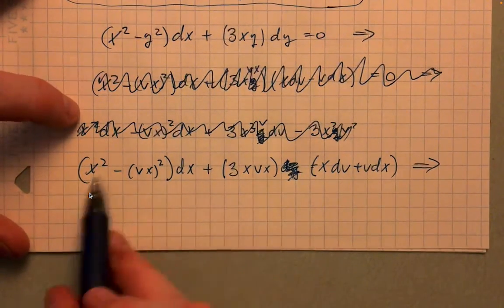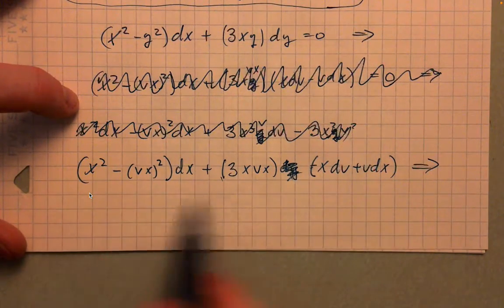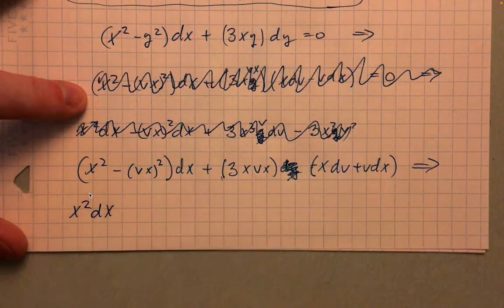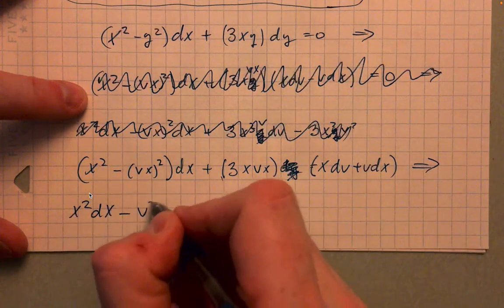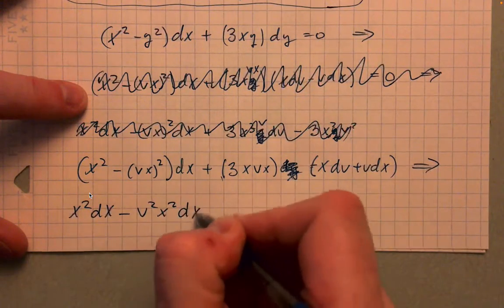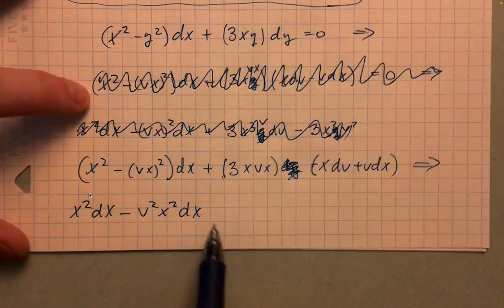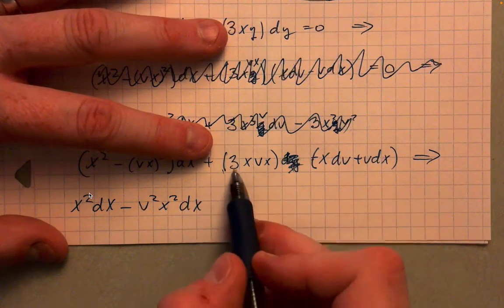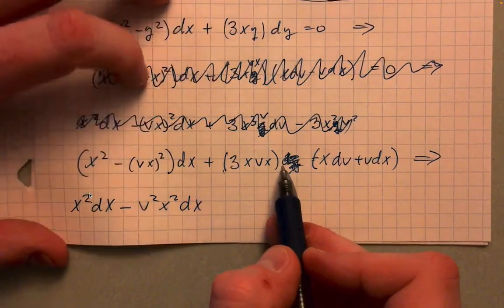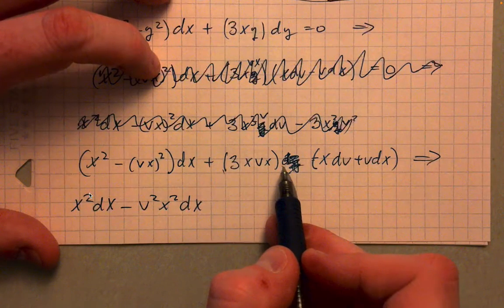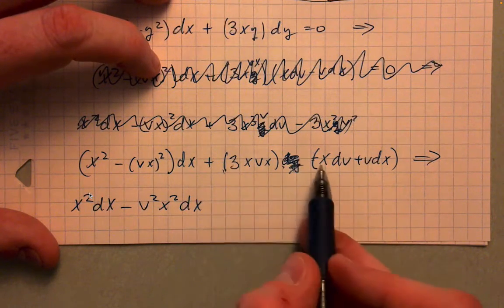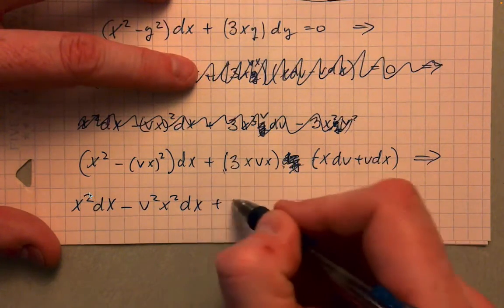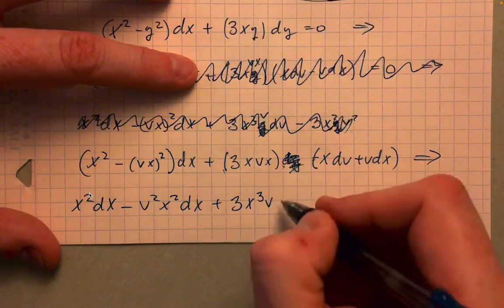So, okay, now we go ahead and do the expansion, right? So this would be x squared dx minus v squared x squared dx, right? So that's just this piece. Expand it all out, distribute, and then this piece here. So this is really 3x squared times v. And so when I multiply that here, I get 3x cubed v dv.